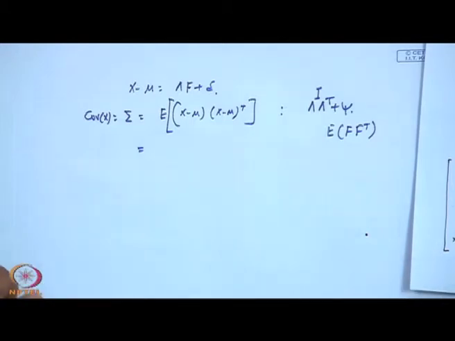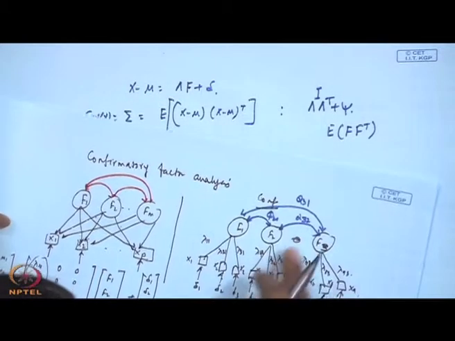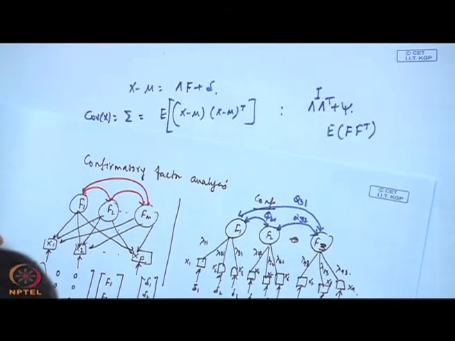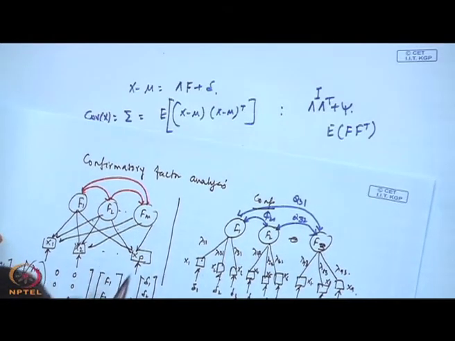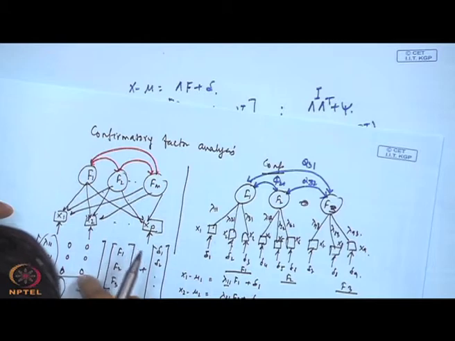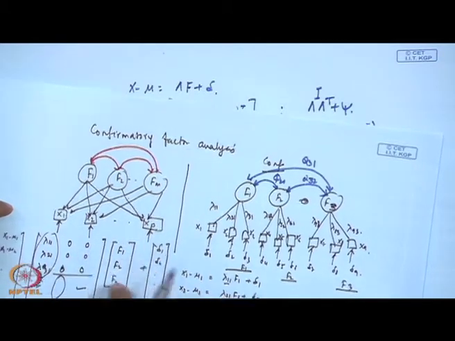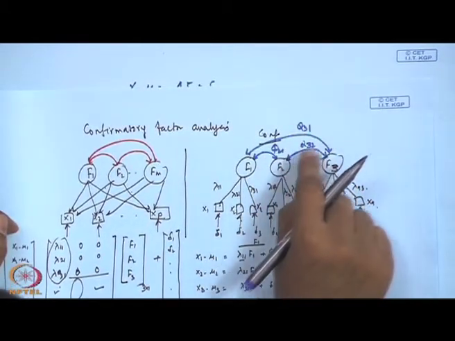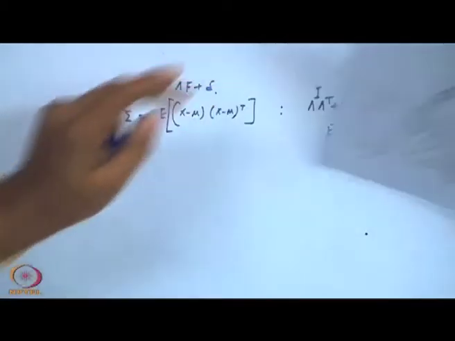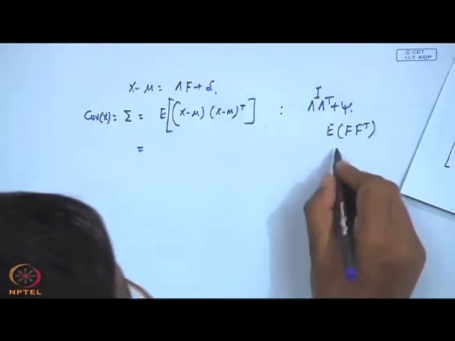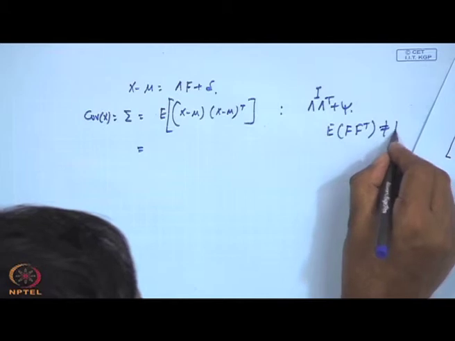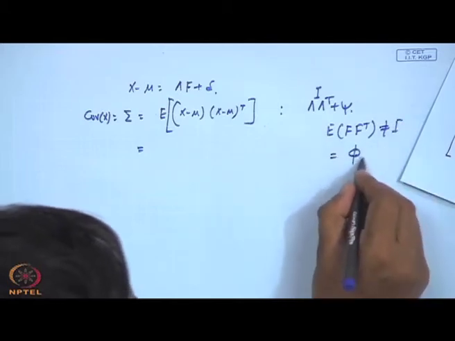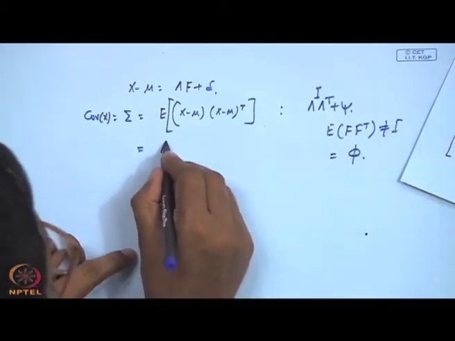Now, in confirmatory factor analysis, not only are many of the loading coefficients lambda 0, apart from that there is variability amongst the f. So, this will not become I, rather this will be your phi. So, then what will happen?